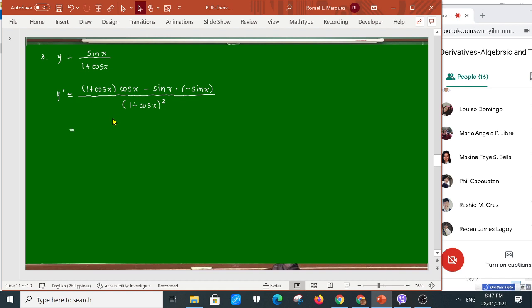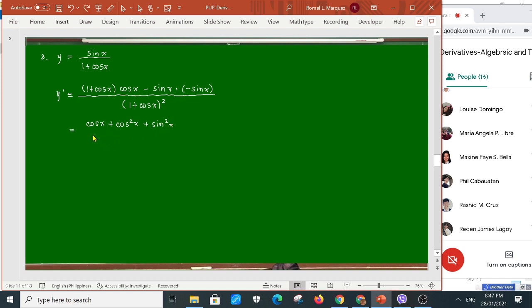Simplifying, this is 1 plus cosine multiplied to cosine, that is cosine x, and then plus cosine squared x, then plus sine squared x. This is famous in trigonometry, Rashid.